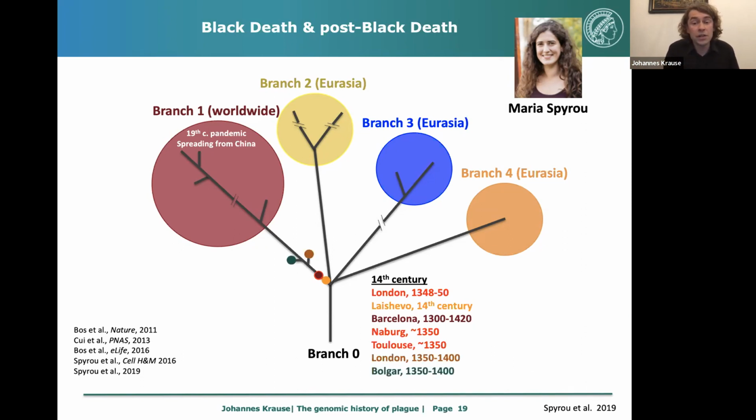Then she had a number of genomes from the 14th century, so just after the initial Black Death, and they fall on this branch here towards the third pandemic, so towards the strain that then disseminates from Hong Kong in the 19th century. And they're a bit like pearls on a string here.